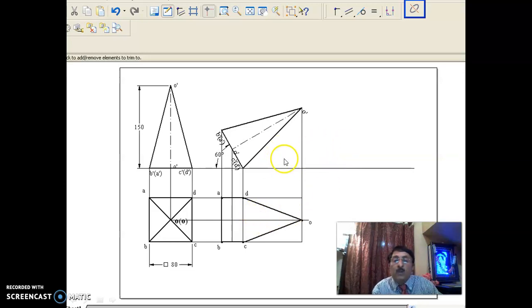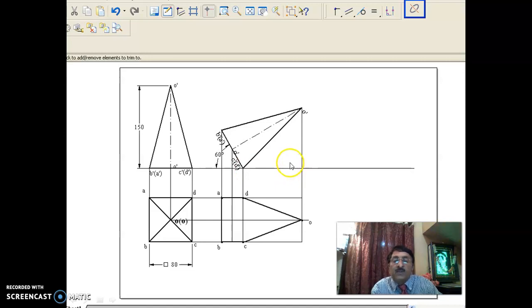Now step 2 will be, when you are looking from here, see whether the apex is nearer or the base is nearer. Now when you are looking from here, it is clear from the above that the apex is nearer than the base. Since the apex is nearer than the base, the complete base cannot be seen. Also, when you are looking from the top, CD is the edge on which it is resting, and obviously CD cannot be seen.